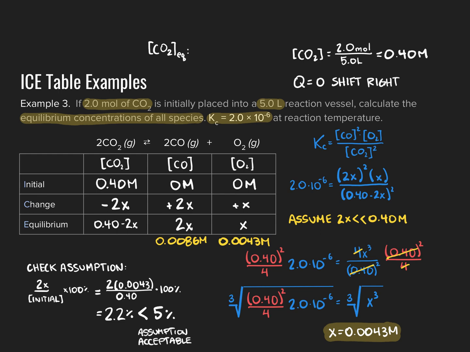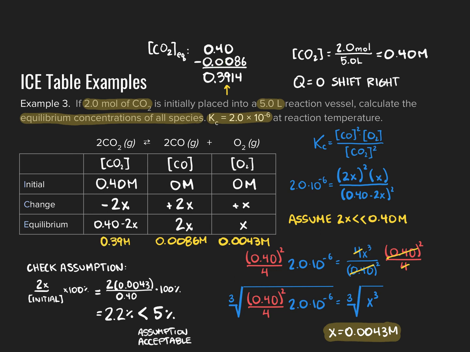If I take 0.40 and subtract the 2x value of 0.0086, that leads me to a value of 0.3914. Recall, for significant figures in addition and subtraction, we round to the last measured place value in all of our calculated values, which in this case would be the 100th place. So this is going to round to 0.39 molar.